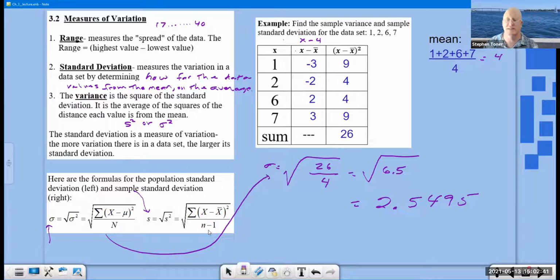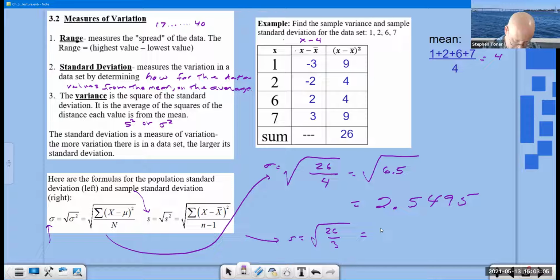So the formula is exactly the same thing, but on this problem we would be saying, okay, S is going to equal the square root of 26 over 3. And so I'd have to go 26 divided by 3 on my calculator, which gives me 8.666667.